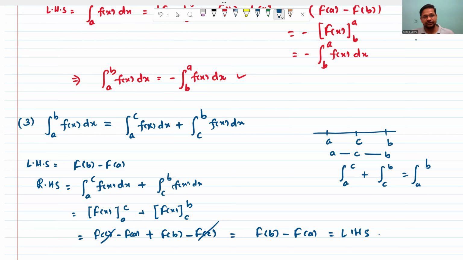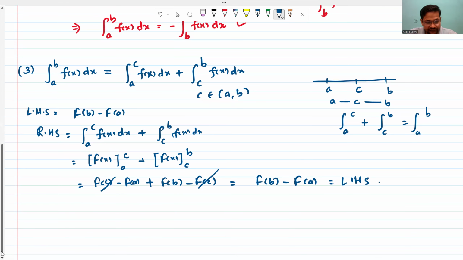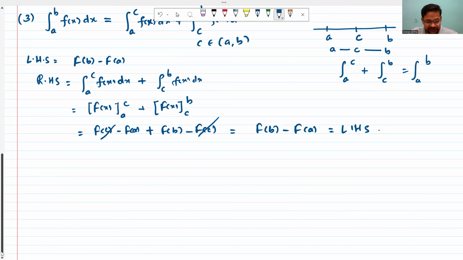So this is one interval, and you can break it into a finite number of intervals. Here this C is between A and B. If you have some finite number of intervals, you can break it. So what is the generalization of this result?